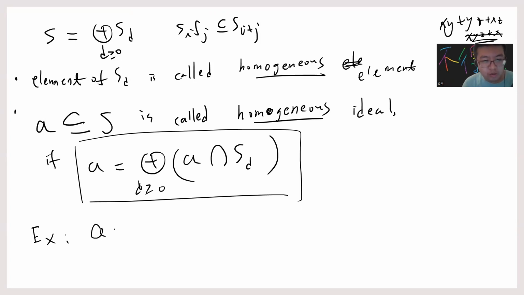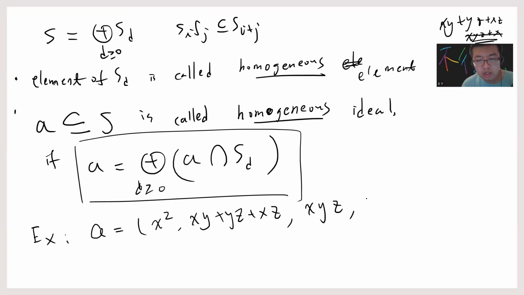If your A is the ideal generated by x^2, xy, yz, xz, xyz, z^3, each one is a homogeneous element, so this one is a homogeneous ideal.